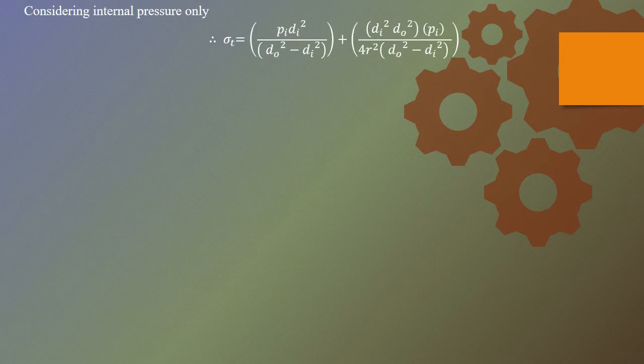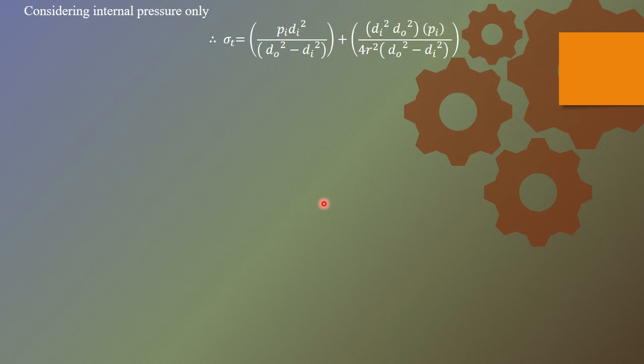So coming to the next one, the same tangential stress equation which we previously considered, right? We will simplify that tangential stress equation considering only the internal pressure and then considering only the external pressure.